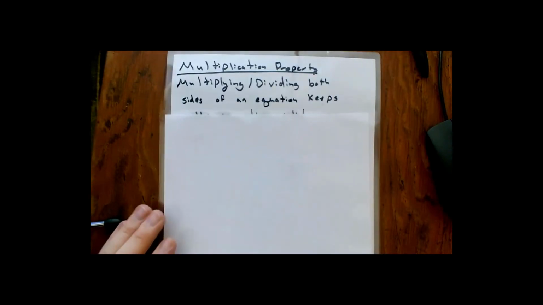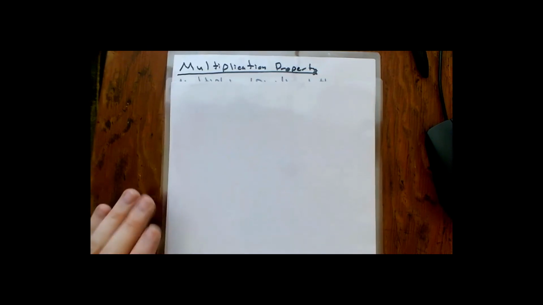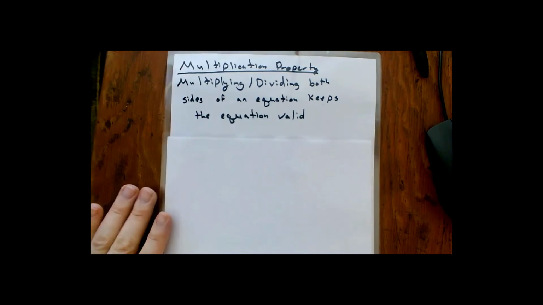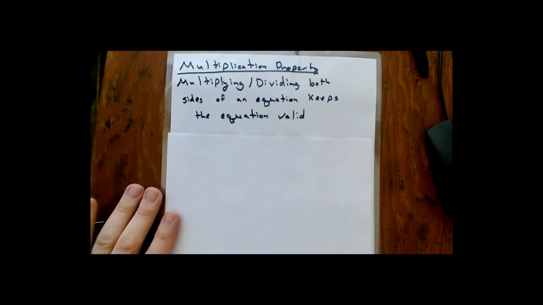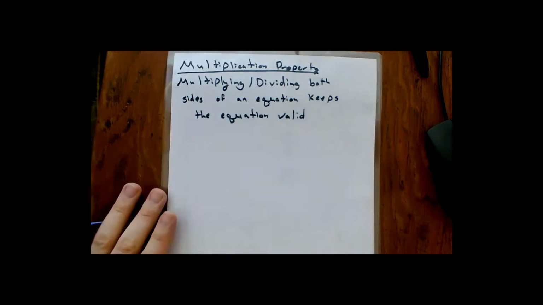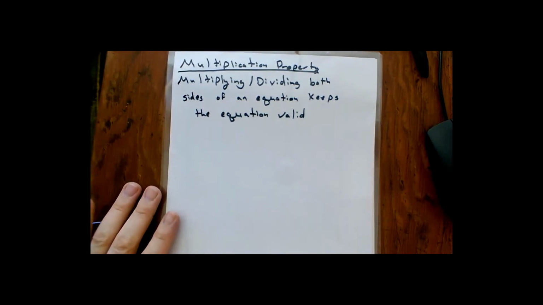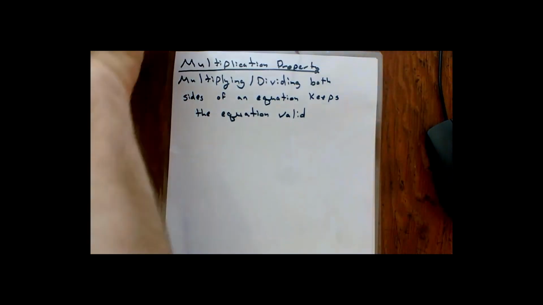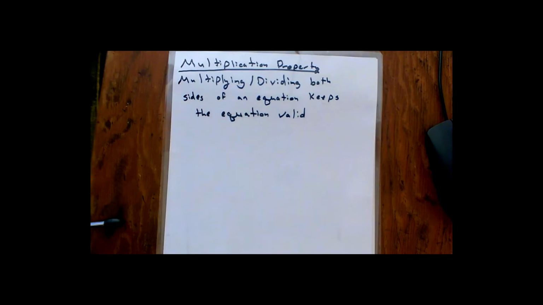The next thing we're going to talk about is the multiplication property of equality. The multiplication property says something fairly similar to our addition property. If you multiply or divide both sides of an equation, that's going to keep that equation valid. As long as you multiply or divide both sides by the same quantity, your equation remains in balance.